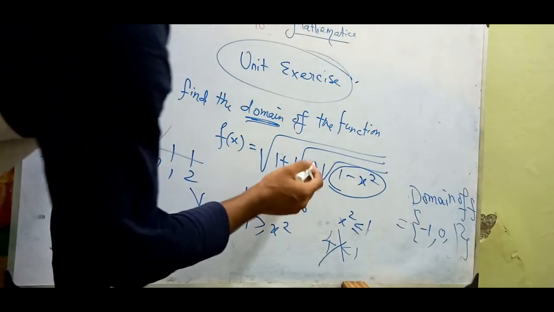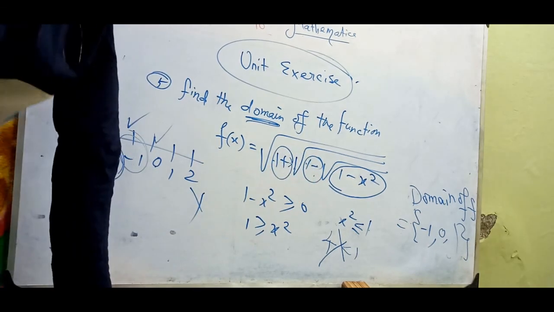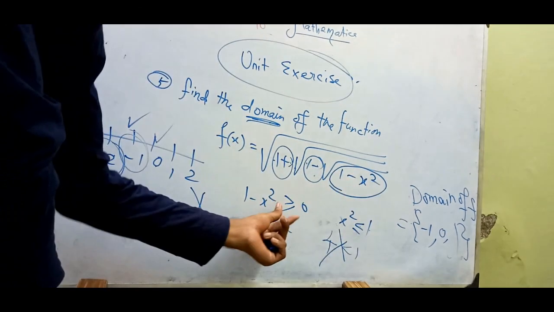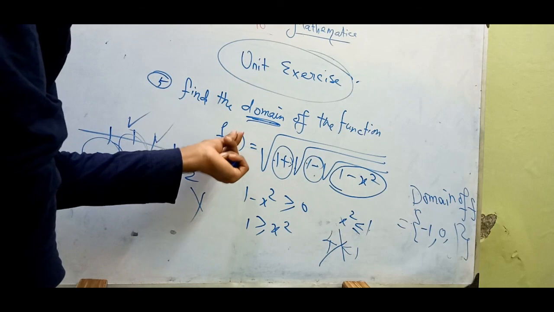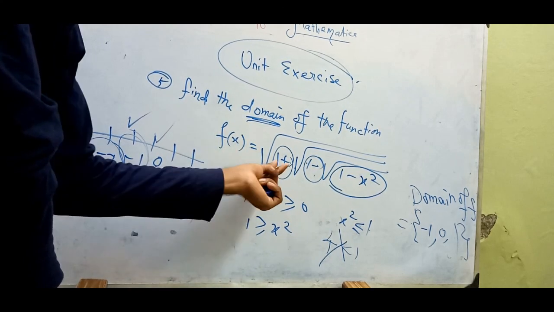Don't worry about the 1 minus here and the 1 plus here. You just need to focus on the last square root, which must be non-negative, because x is the independent variable here. We need to focus on this variable, not on this one and this one.